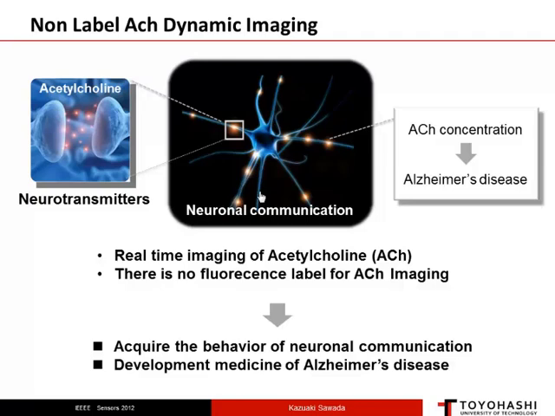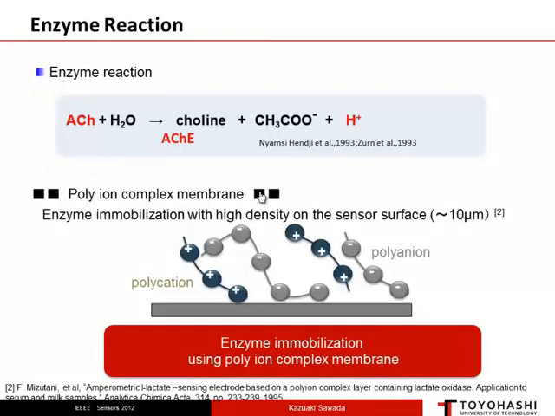Also, there is no fluorescent probe for acetylcholine imaging at present. So it is very difficult to get real-time imaging of the distribution of acetylcholine. So we employ the enzyme reaction on the surface of the proton ion image sensors, hydrogen ion image sensors.